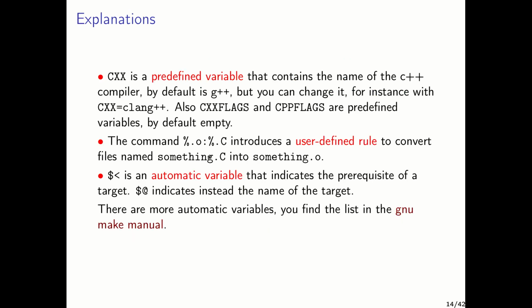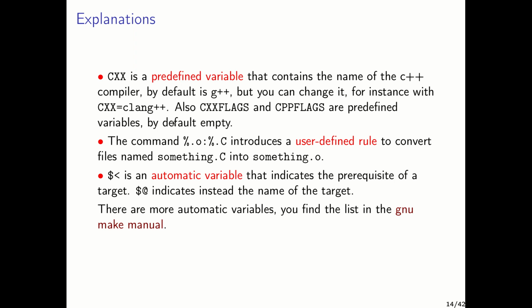But anyway, let's have a more detailed explanation of the previous slide. CXX is a predefined variable that contains the name of the C++ compiler. By default, it's g++, the GNU compiler, but you can change it, of course. For instance, you can set it to clang++. CXXFLAGS and CPPFLAGS are also predefined variables that, by default, are empty, but you may fill them.